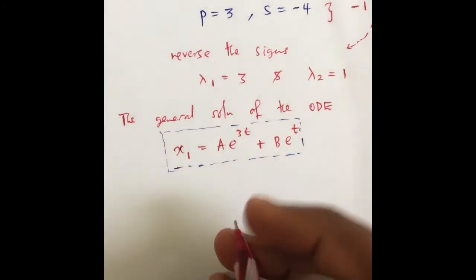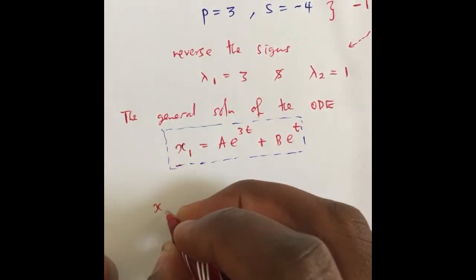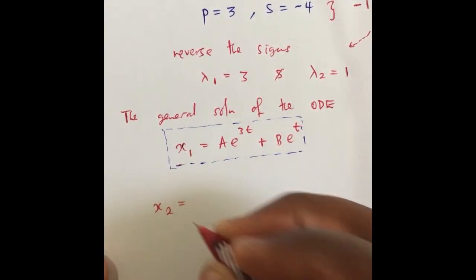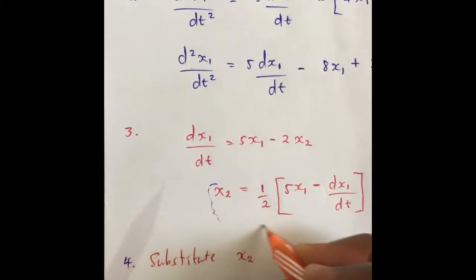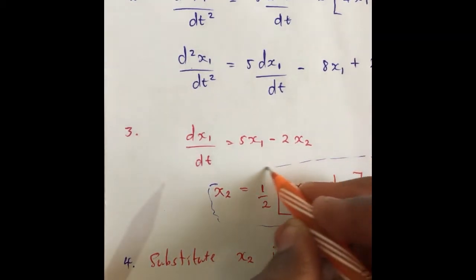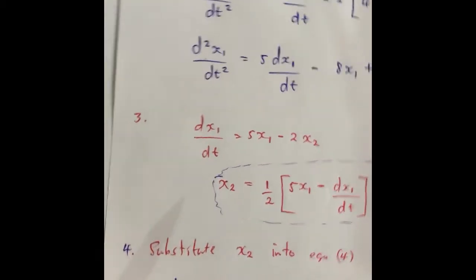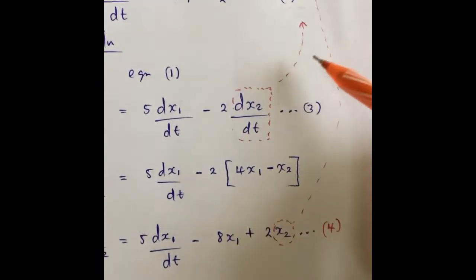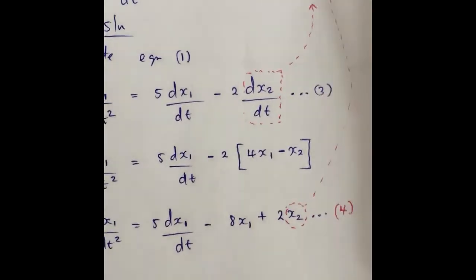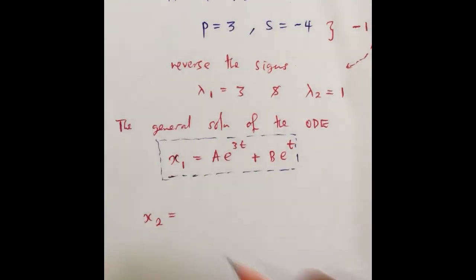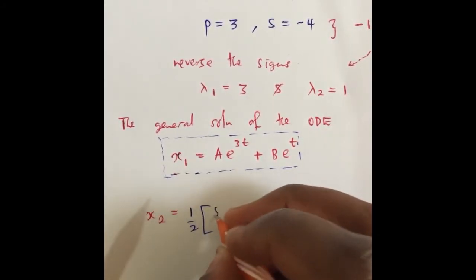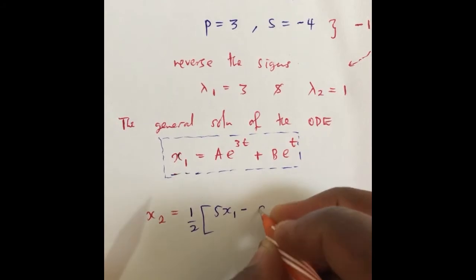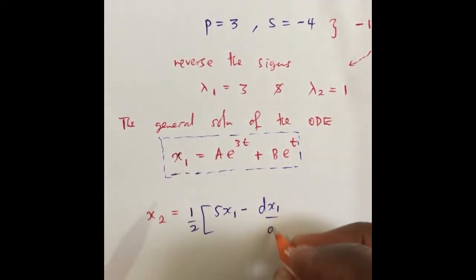Now remember, we had our x2 from somewhere here, when we found it from our first equation. x2 is a half of 5x1 minus dx1 over dt.